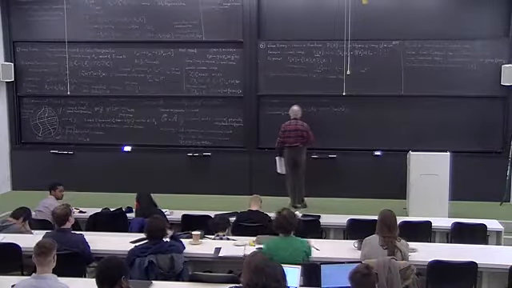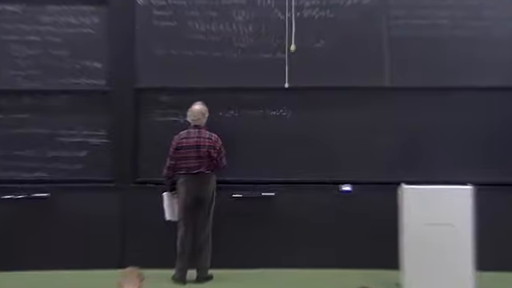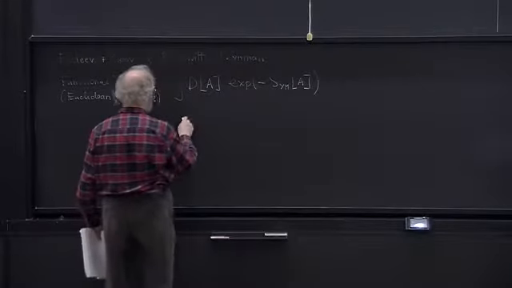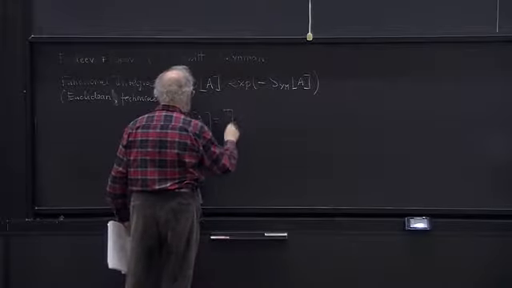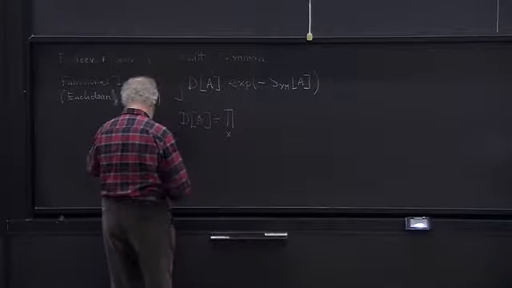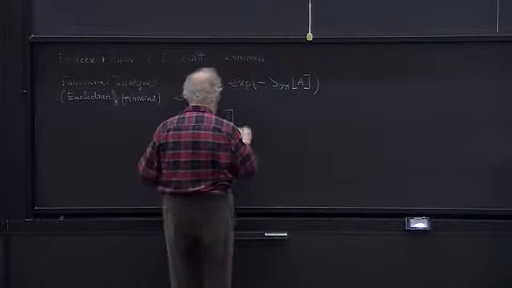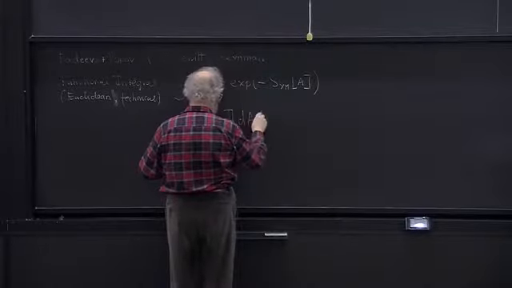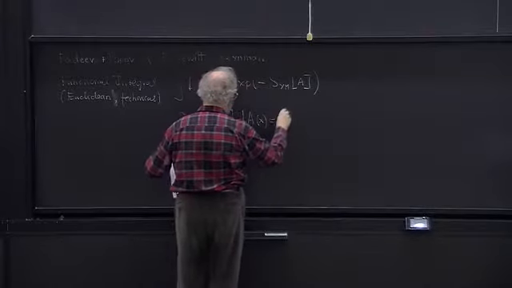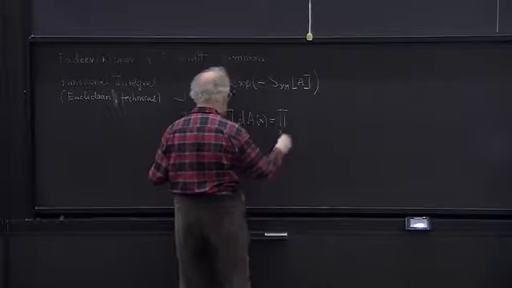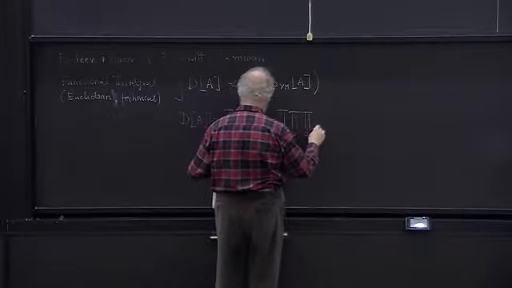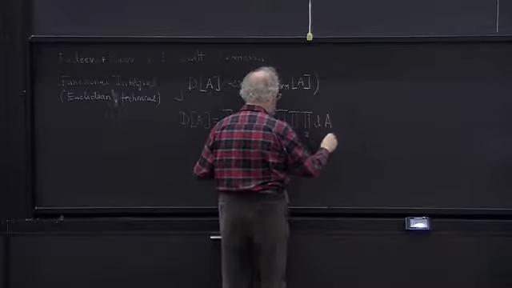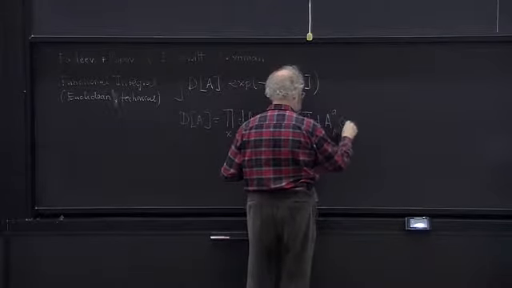And dA is formally just, as usual, the product over all points of space-time of dA of x, which means products over all points in space-time, products over mu, and products over a of dA mu a of x.